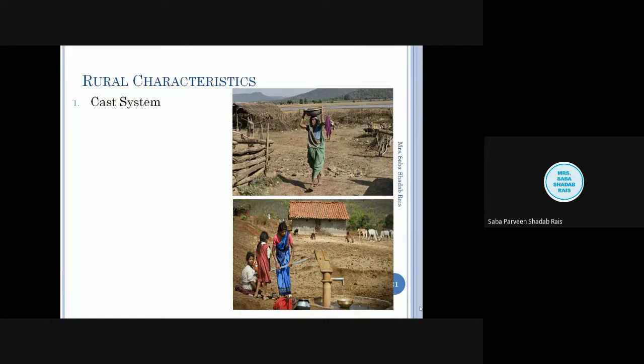Qureshi, on the basis of occupation, are goat sellers. So because of this mutton, they have very good customers, Hindu customers. So this builds a mutual understanding between the castes. So all this interdependence of the castes is because of the occupation.